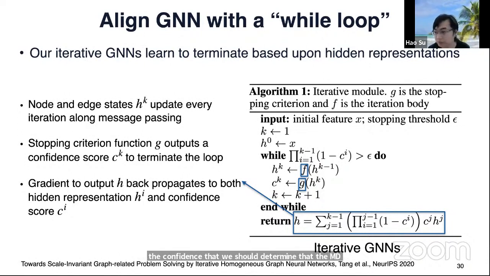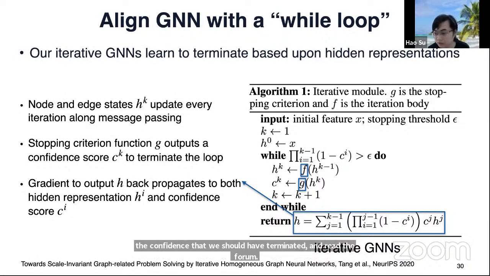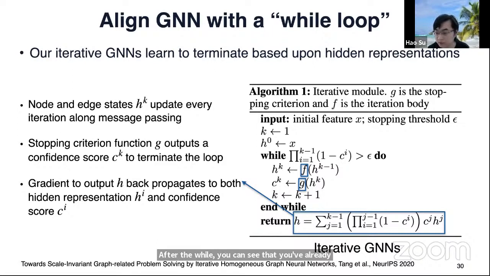And if you read the form after the while, you can see that if at a certain iteration the c_k becomes very close to 1, then the iterations will stop. And finally, we will return certain output. This output is a linear combination of the internal features in the while loop at every iteration, and these internal features are weighted.